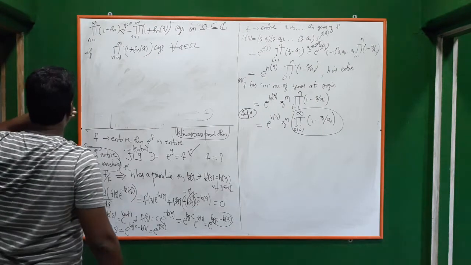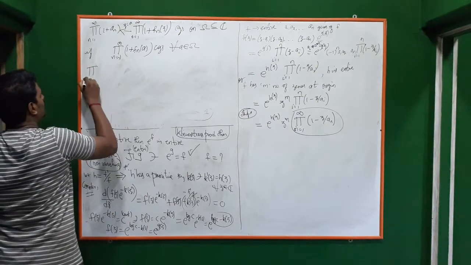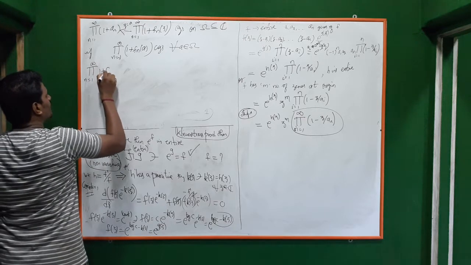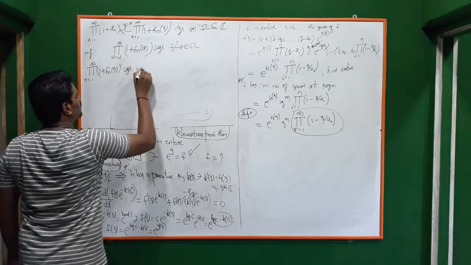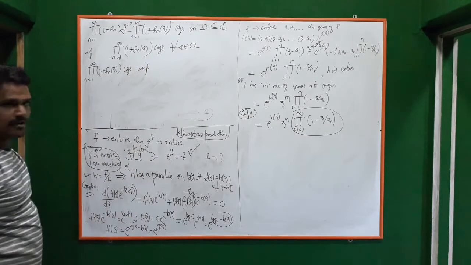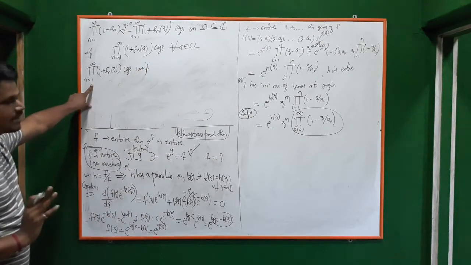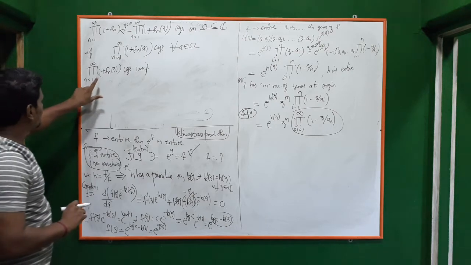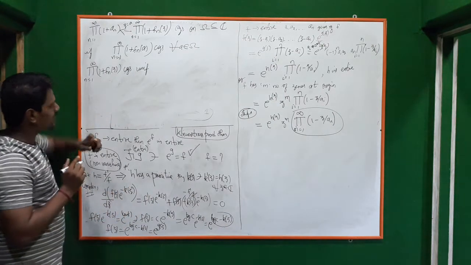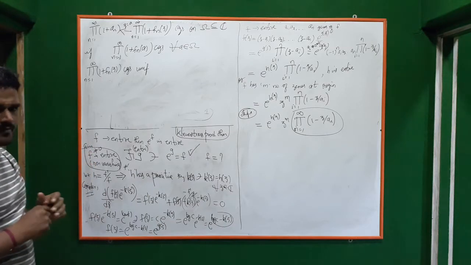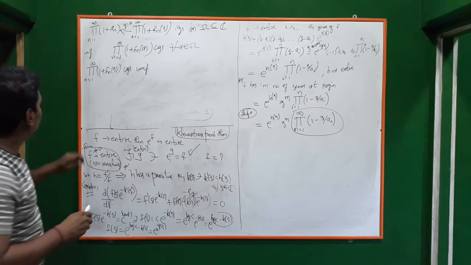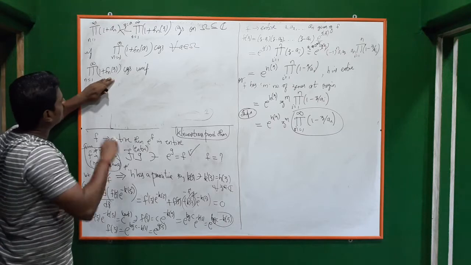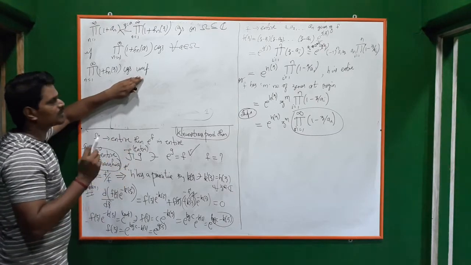Clear? Also, this product n from 1 to infinity 1 plus fn of z, does it converge uniformly? Okay, this is product, not series. Uniform convergence means either we should have some series or sequence, so that we know all the properties before, so we can do something with that. So we have to change this into some sequence or series and prove the uniform convergence.